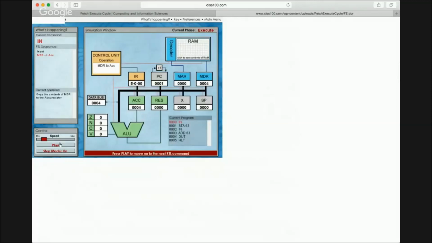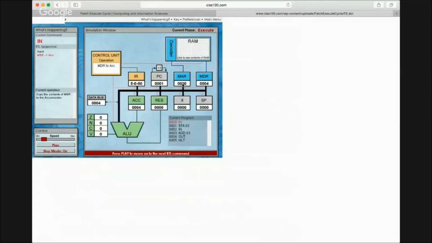I'll hit play again. I'm going to start it for the second time. So I've completed IN. The next one will be STORE 63. And now we can predict what's going to happen. As soon as I hit play, the program counter will be copied to the memory address register.